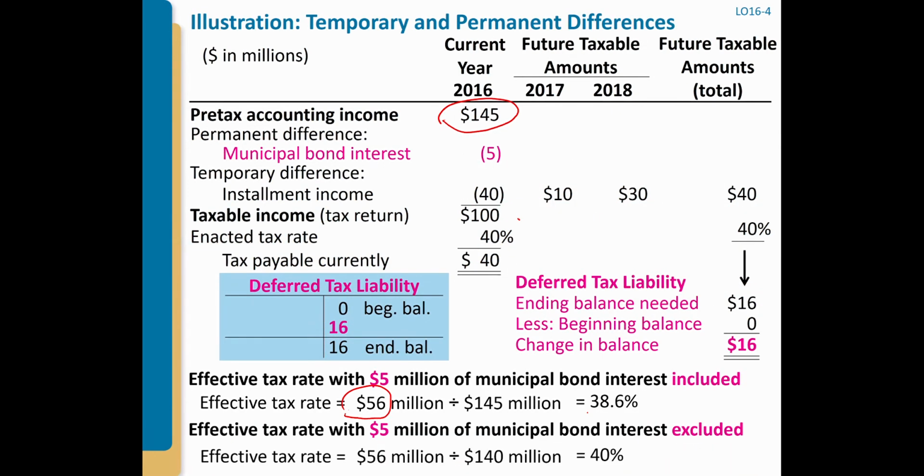So 56 divided by 145. This is called the effective tax rate. This is the tax we're going to pay.